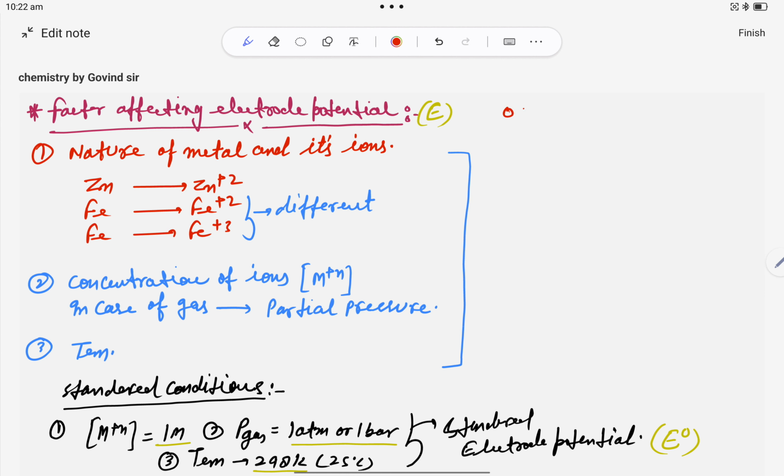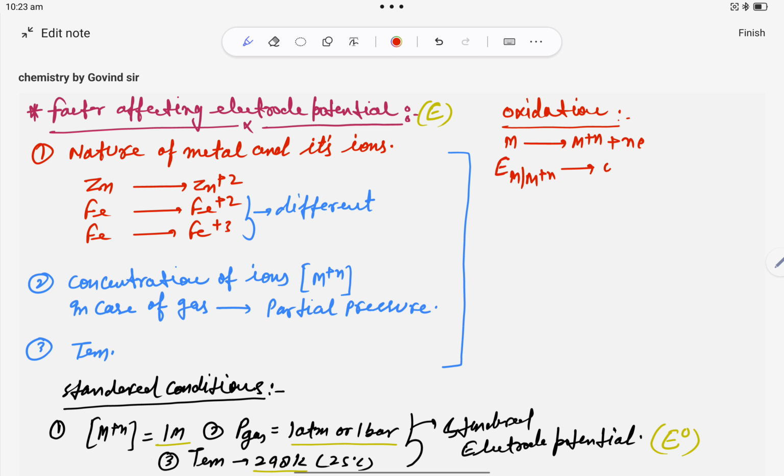So in the case of oxidation, suppose the metal tendency is to get oxidized, then electrode potential is written as M to M plus n.